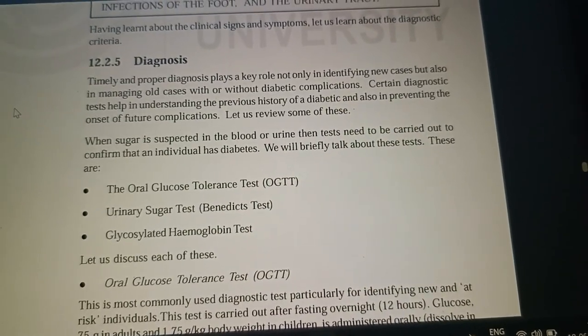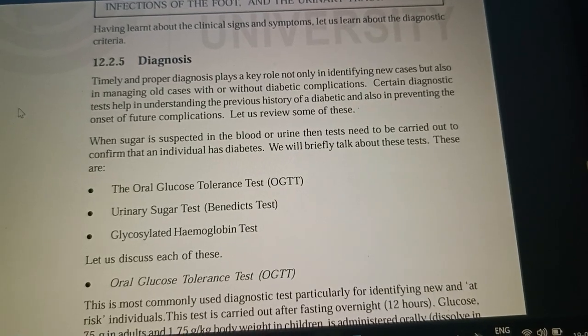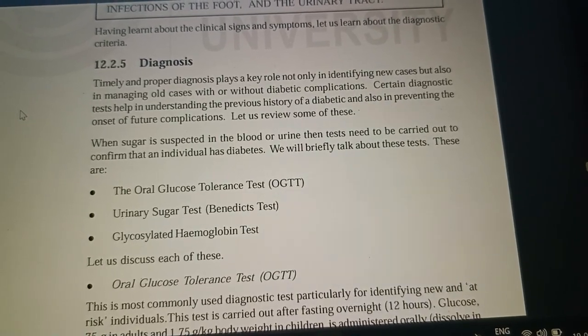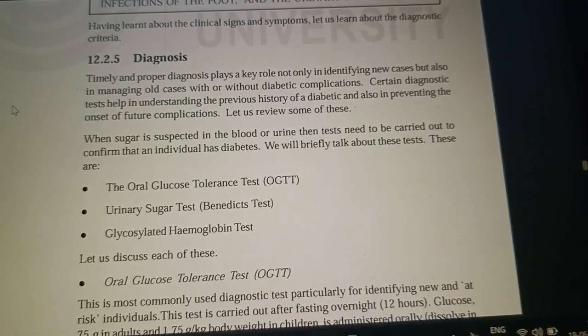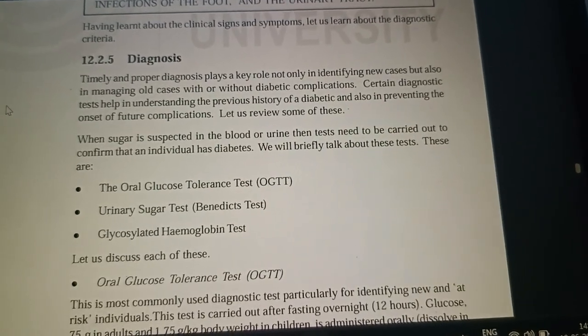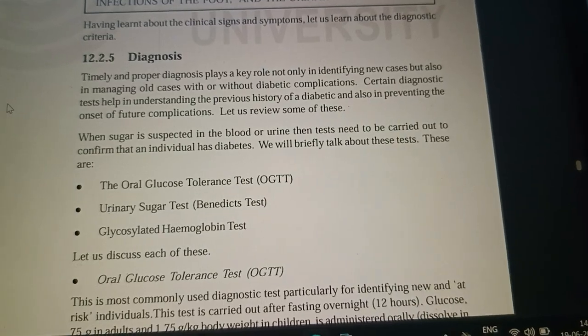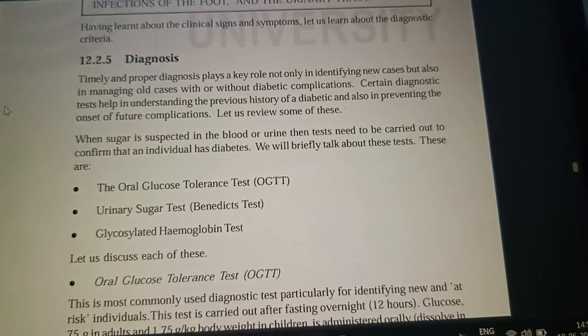It doesn't cause damage quickly or initially or acutely, but in the long term it definitely shows some compromising conditions.